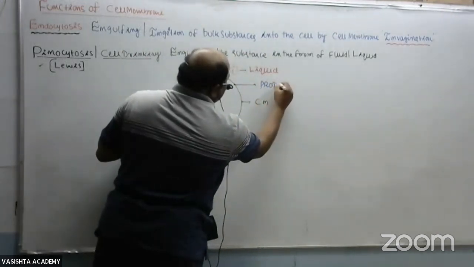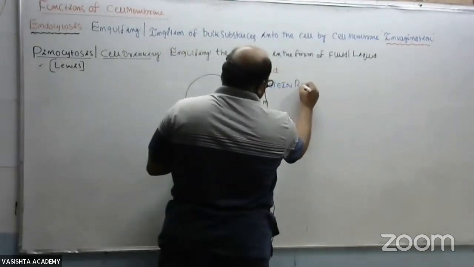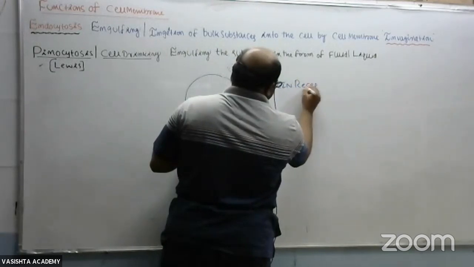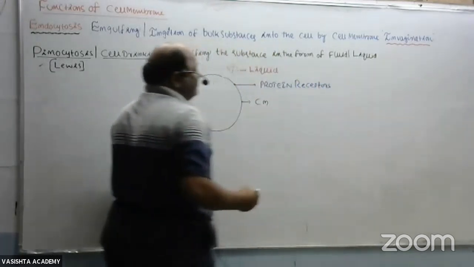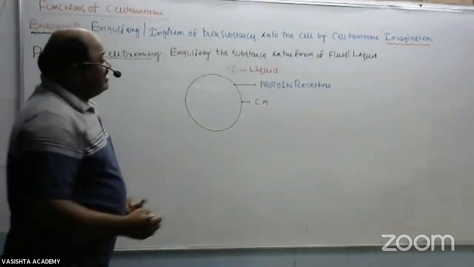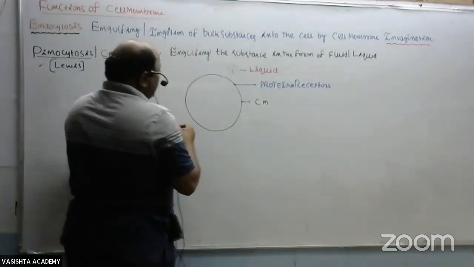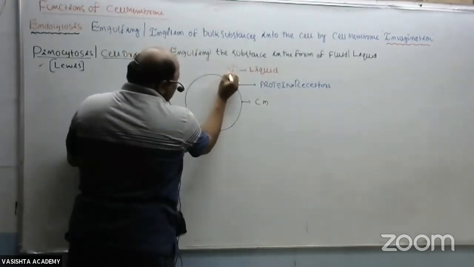We discussed yesterday that the cell membrane is made of phospholipids as well as proteins. These protein receptors absorb the entire liquid.